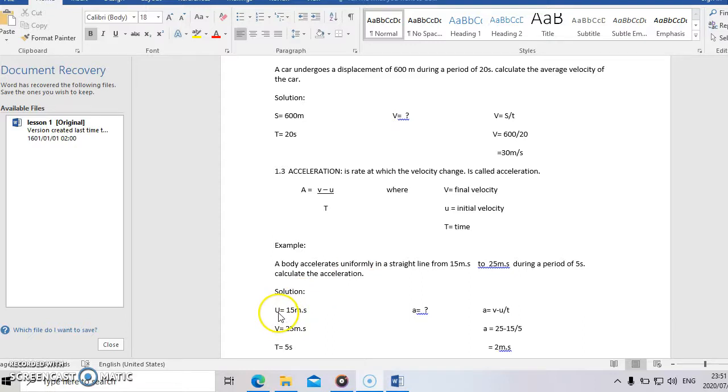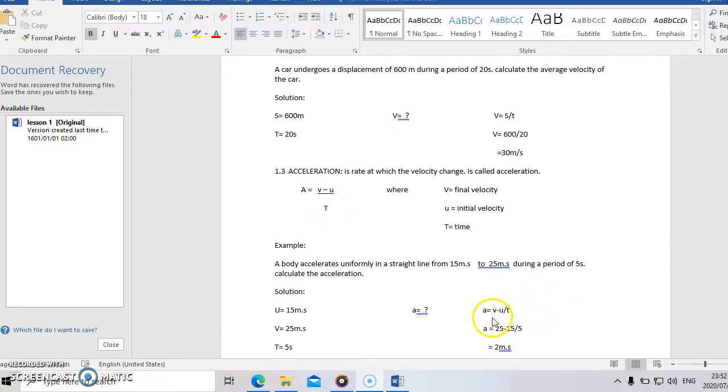We've got the initial velocity, which is 15 meters per second, and the final velocity, which is 25 meters per second, and they give us the time, which is 5 seconds. We are looking for acceleration. Acceleration is final velocity minus initial velocity over t.